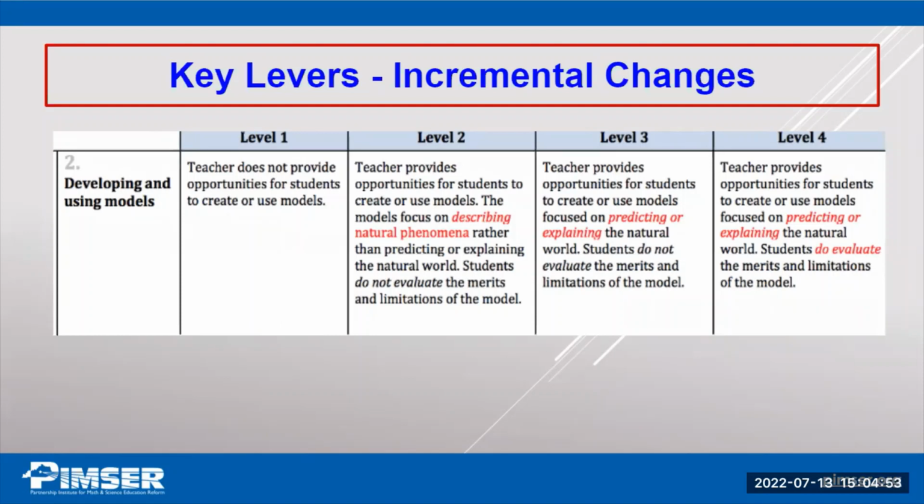Level 3, they're using models to predict or explain, but not yet evaluating them. And then in level 4, students use models focused on predicting and explaining, as well as evaluating the merits and limitations. Can you see the incremental progression here? This is a process that really needs to be developed over time with intentionality.